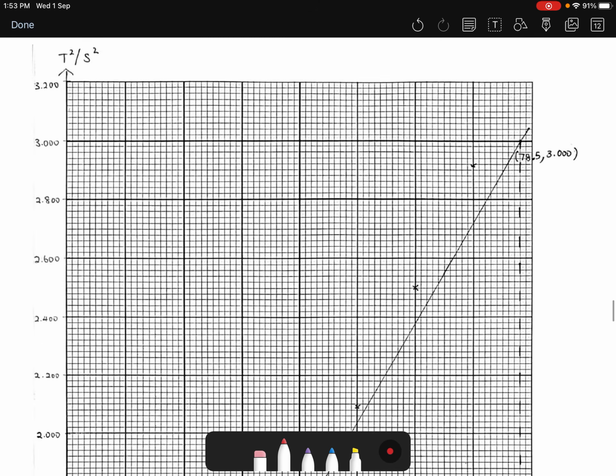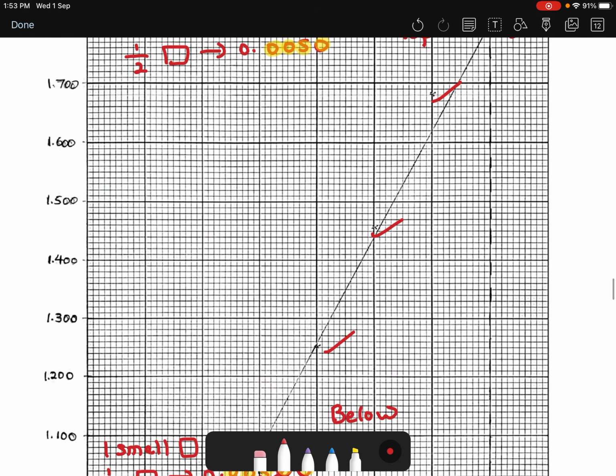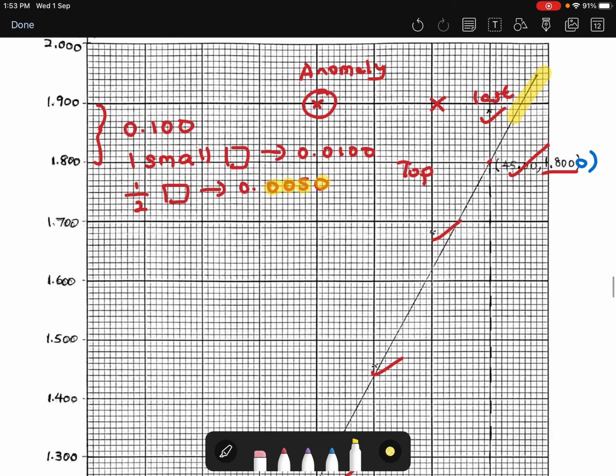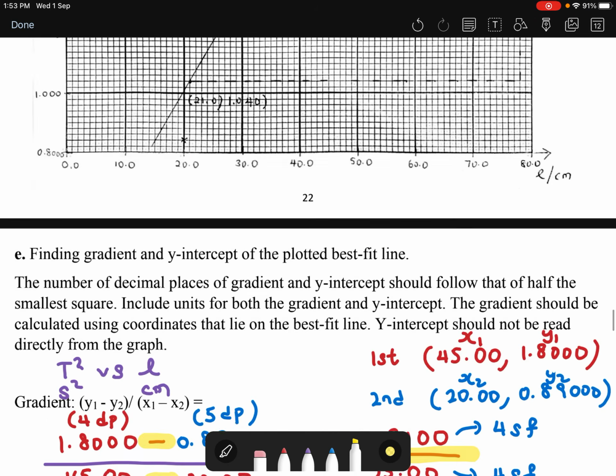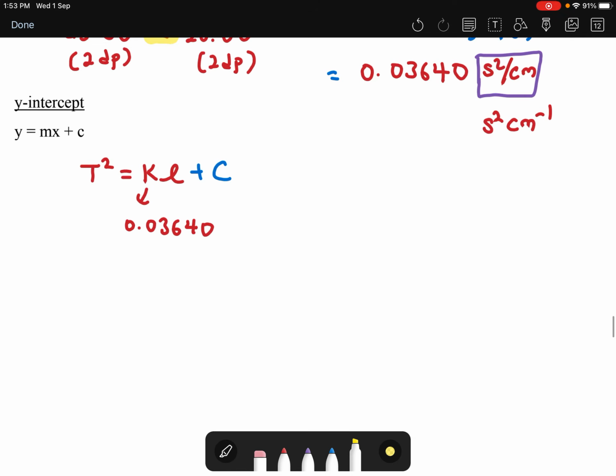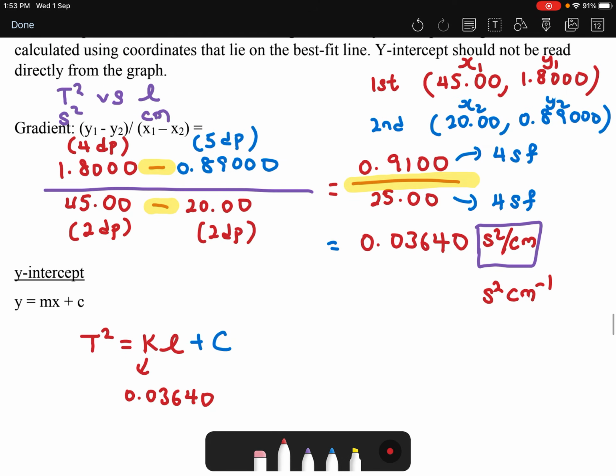Then after that, your length and t square, we should sub in. I just sub in any of the coordinates. Let's say I sub in this coordinate, the first one, 45.00 and 1.8030. So I sub in to find my y-intercept. Your t square is 1.8030.